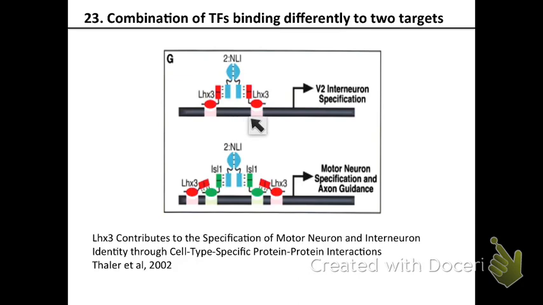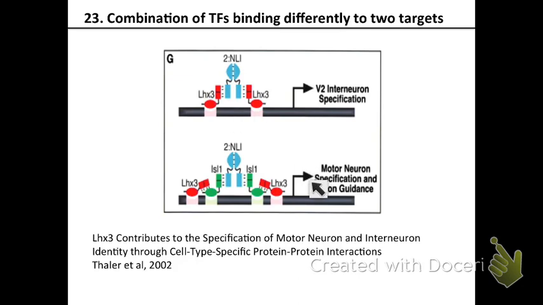In these V2 interneurons, LHX3 is expressed and another protein called NLI is expressed. They form this heterodimer and a homodimer here, and that structure allows the recognition and binding to these types of elements, and they're going to now activate the expression of these genes containing these sequences.